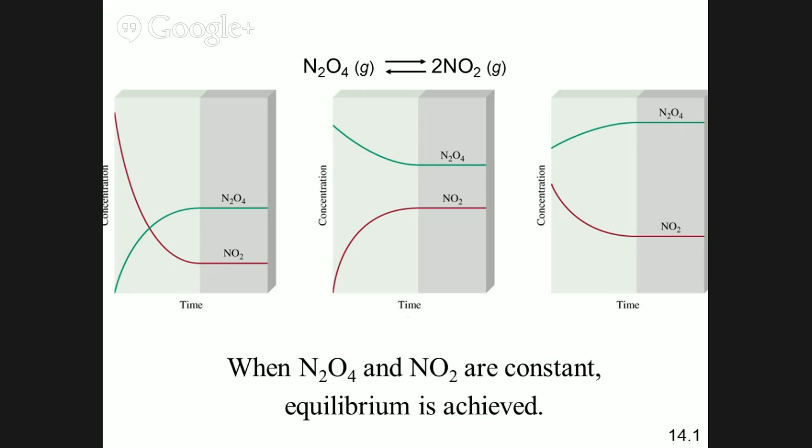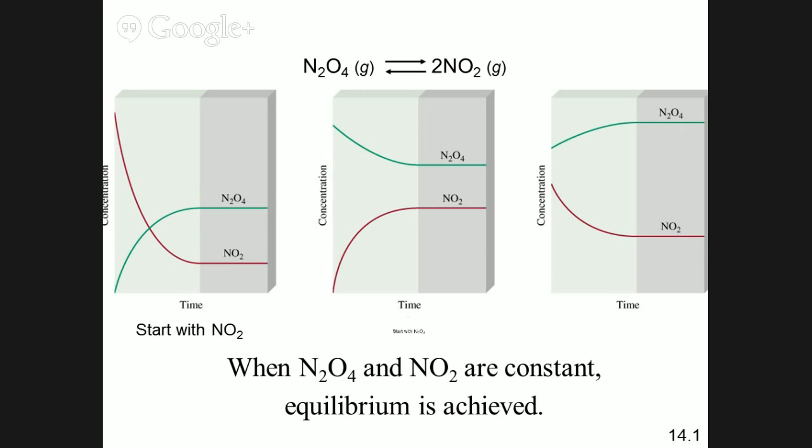And so the green one's coming up because we're making more of it. But at some point, after we started with just NO2, we will reach equilibrium. Now, that doesn't tell us anything about how much NO2 or N2O4 is there. All we know is once we hit that point, notice they're flat lines. That means they're constant from that point on. They're both at some constant amount. They're not changing. The one's turning into the other and vice versa repeatedly.